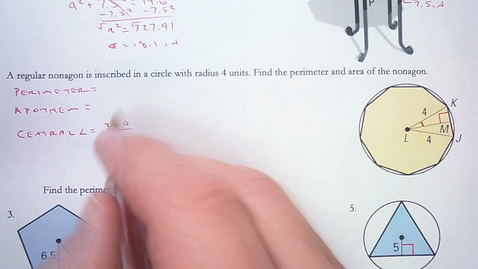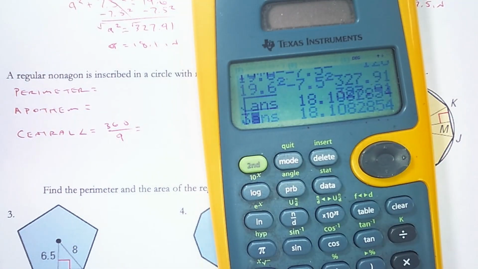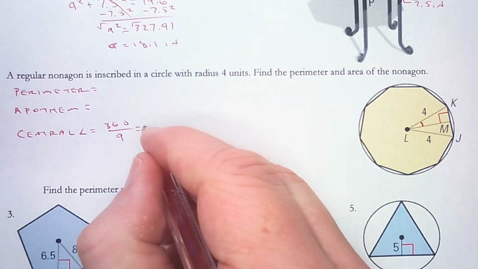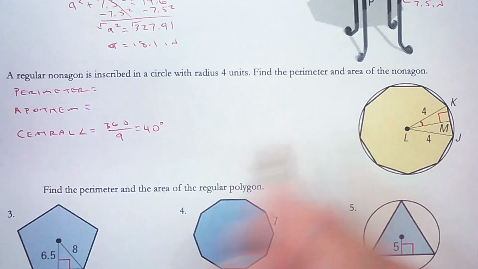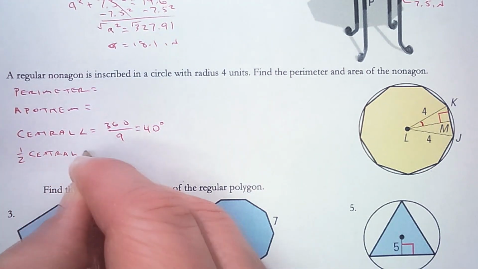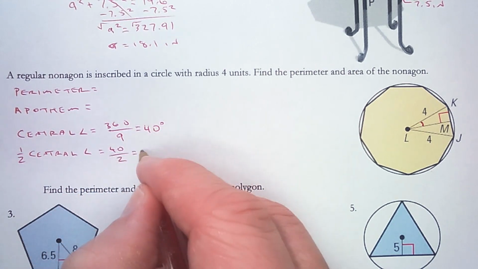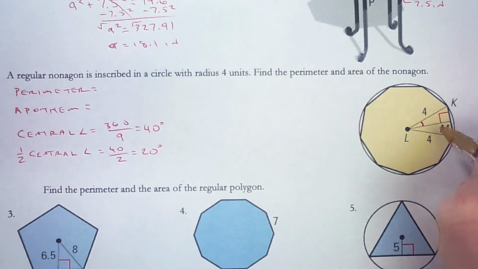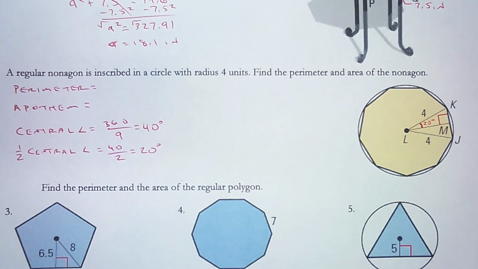It's a nonagon, so there are 9 sides, which means there are 9 central angles. So we have 360 divided by 9, and that is 40. Now what's actually really important is this half central angle. That's 40, the central angle, divided by 2, which is 20 degrees. So right here, I have a 20-degree angle.